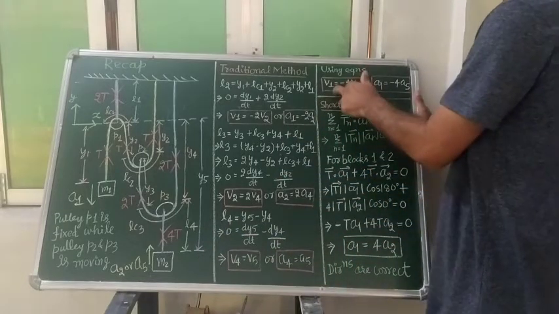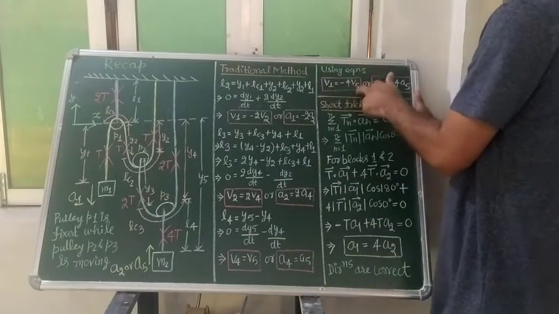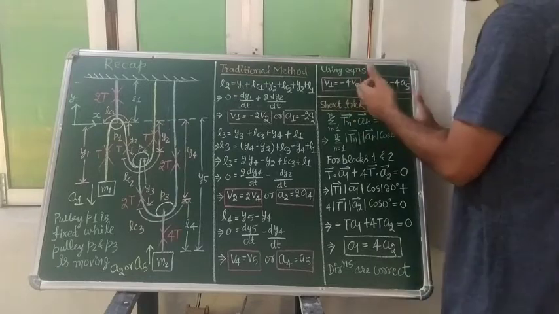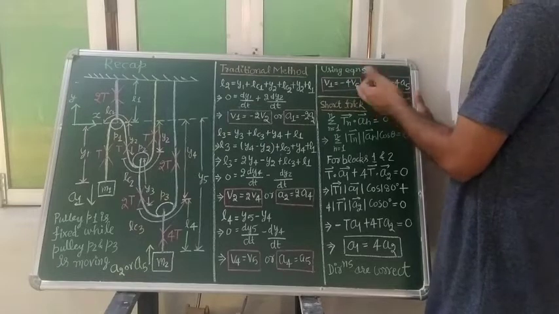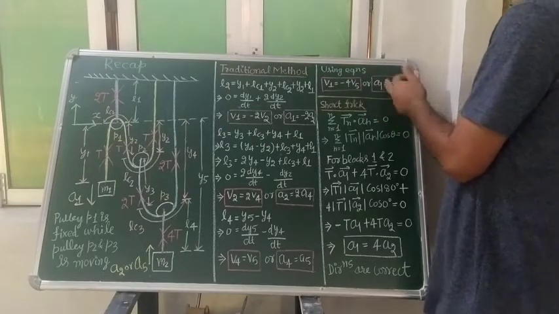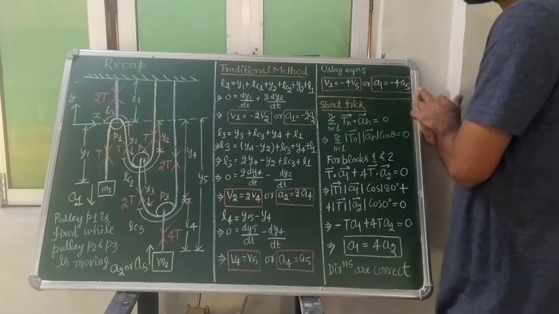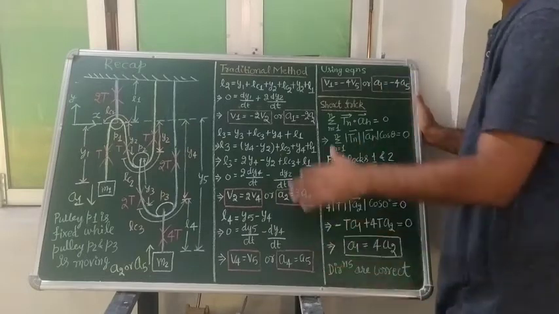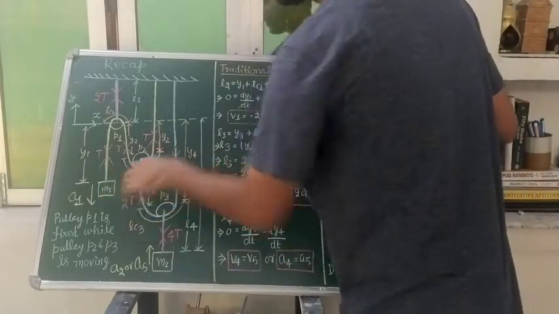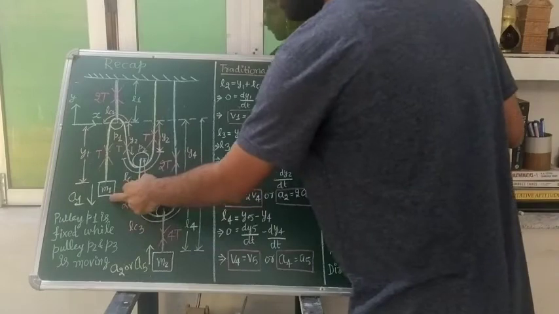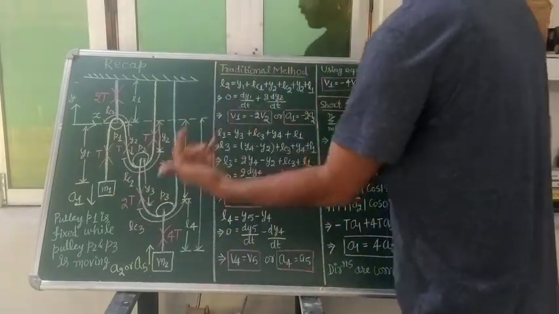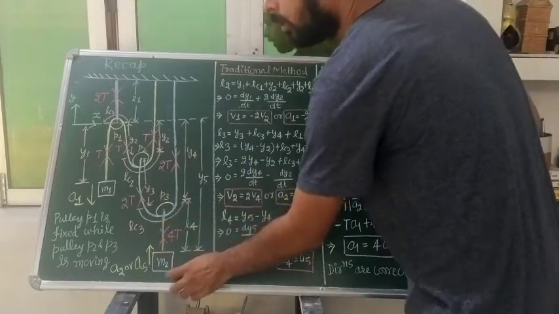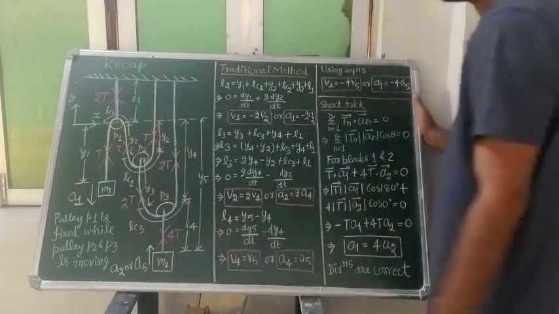Our v1 will be equal to minus 4 times v5, or again when we differentiate this v1, which equals minus 4 times v5, we will get our a1 as minus 4 times a5. Meaning whatever will be the velocity or acceleration of this block, 1 by 4 of that velocity or acceleration will be the velocity or acceleration of this block.